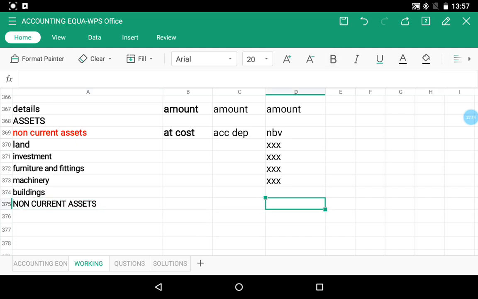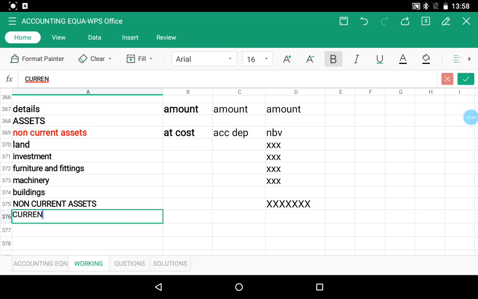They are here. Come and get them after adding land, after adding investment, after adding furniture, and if you also have goodwill, you add it here. Yes. Then after getting non-current assets, the assets that take more than a year, you come and get your current assets.